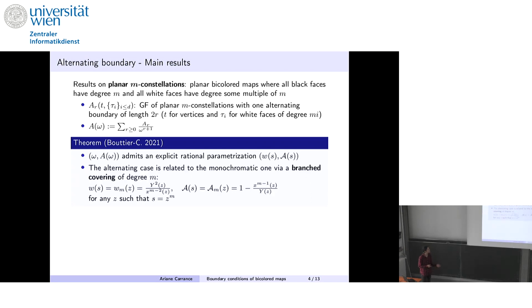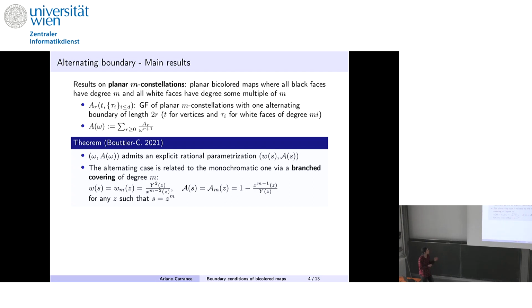And more explicitly, as I will explain later on, the curve for the alternating case is really closely related to the one for the monochromatic case with these explicit expressions.